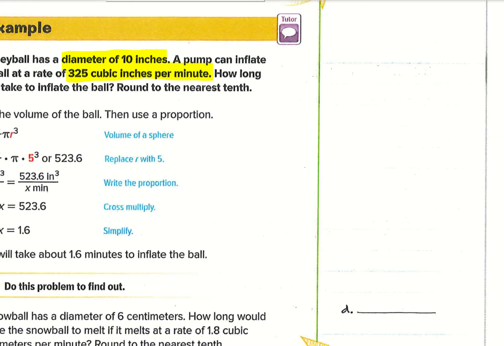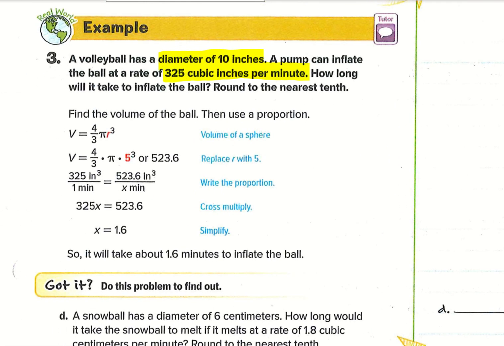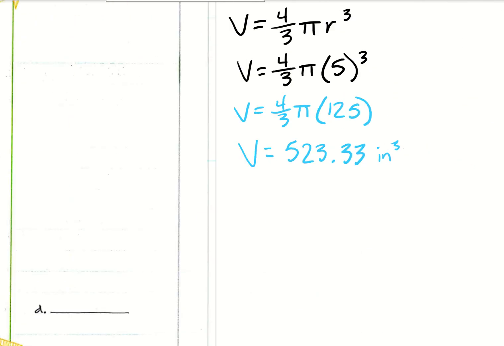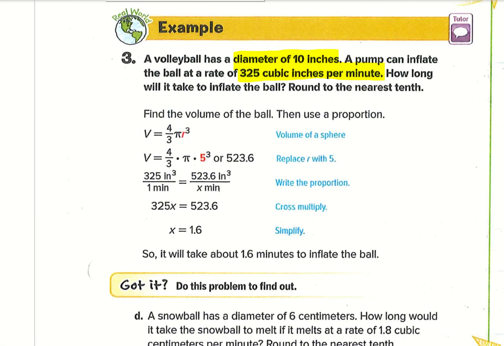I know earlier I said we weren't going to use it yet, but we are at the point of using it. So basically what we want to do with that is we know that we have 325 feet cubed. Is that right? Inches cubed, sorry.